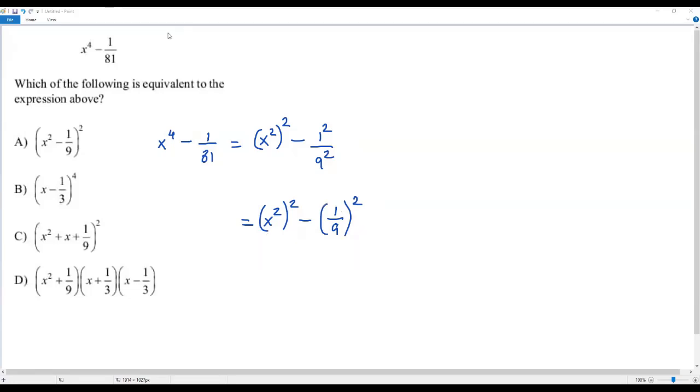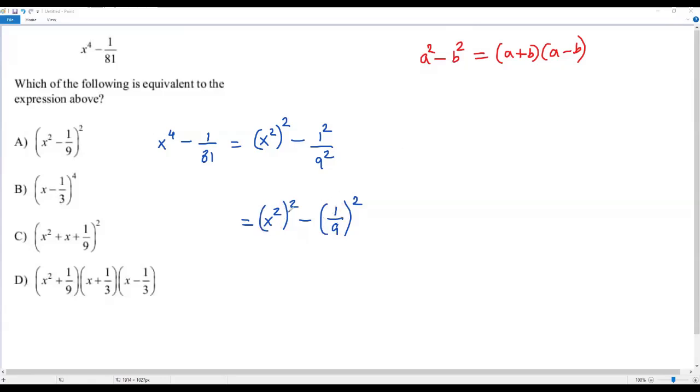Now let me consider the algebraic identity where we have the difference of two squares, that is a square and b square. Whenever we have a difference of two squares in the form a square negative b square, it can be written in the factored form, that is a positive b times a negative b. Now when we consider the expression over here, it is exactly in this form. At the place of a, we have x square. At the place of b, we have 1 over 9.